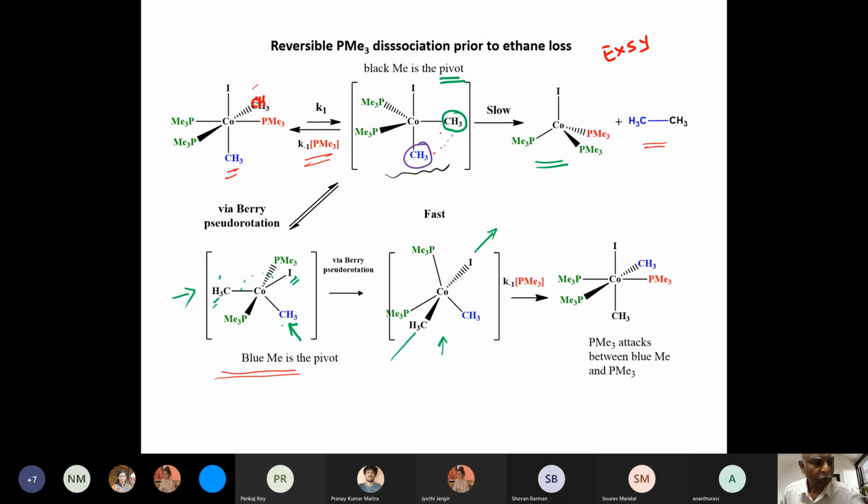You have axial and you have a green equatorial methyl group. And these two seem to be interchanging fairly rapidly. That can be explained very readily using a Berry pseudo-rotation. The Berry pseudo-rotation is also known as a turnstile pathway.